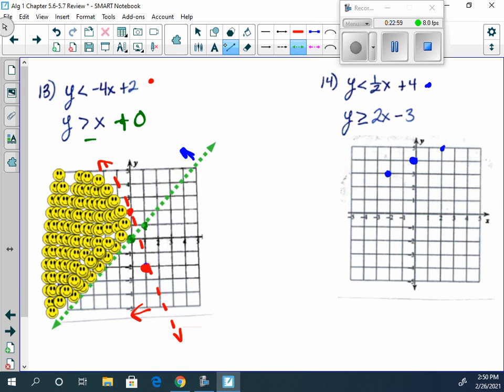It will be dashed, because it's not equal to. And now we need to check if we shade above or below the line.